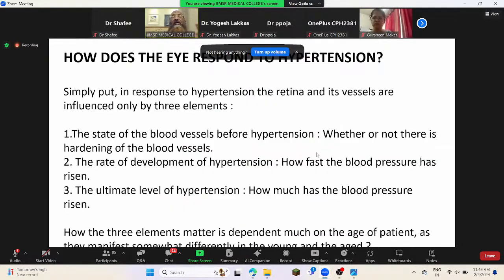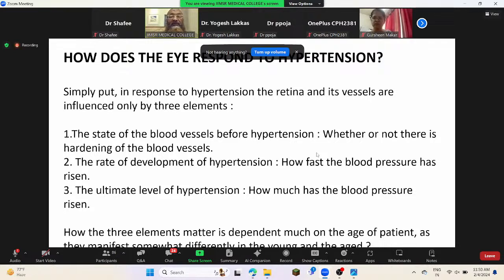How does the eye react to hypertension? Simply put, in response to hypertension, the retina and its vessels are influenced by three elements: the state of the blood vessels before hypertension, that is whether or not there is hardening of the blood vessels; the rate of development of hypertension, that is how fast the blood pressure has risen; and the ultimate level of hypertension, that is how much the blood pressure has risen.